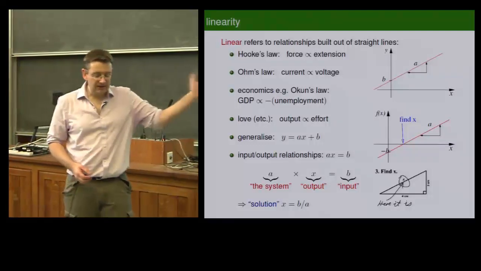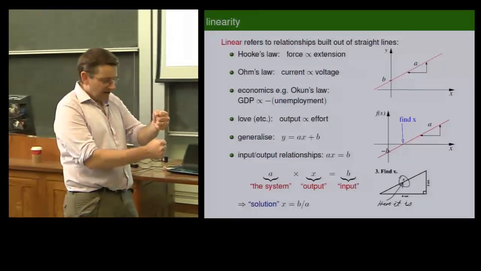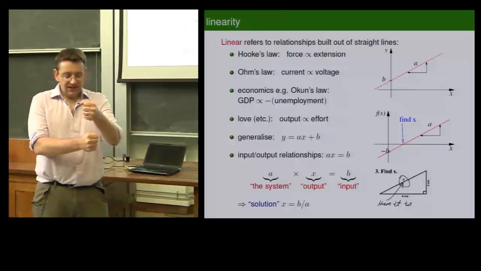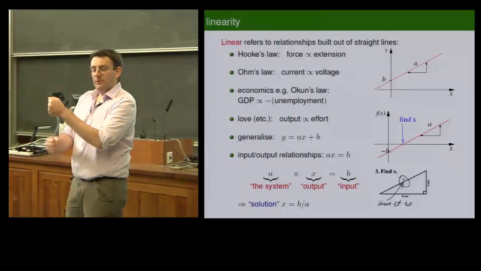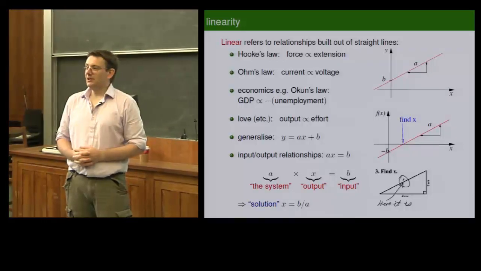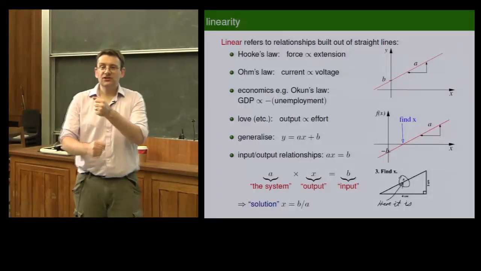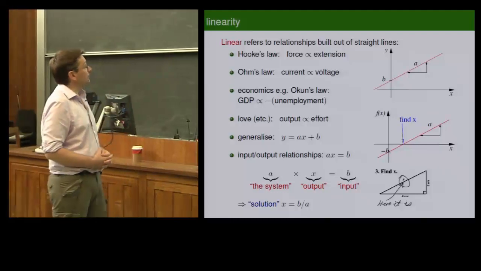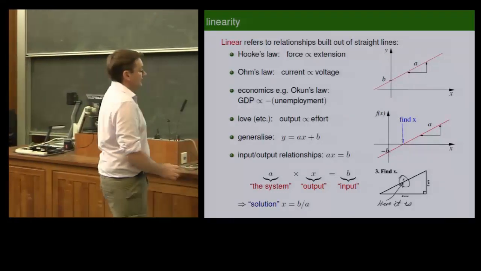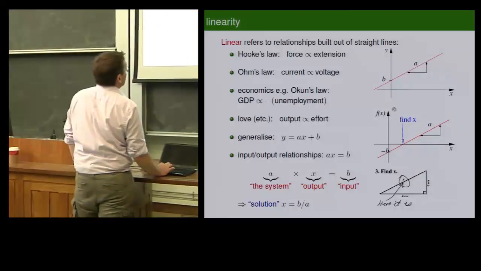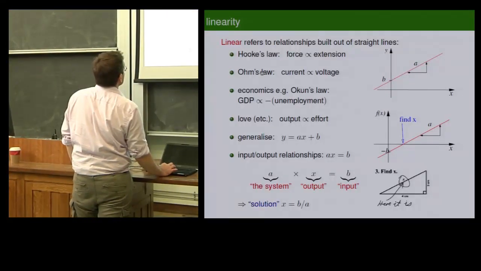Robert Hooke, great empiricist, did loads and loads of experiments. Essentially, the extension of a spring is approximately proportional to the amount of force you apply. You apply twice the force, you get twice the extension. That's Hooke's law. So force is proportional to extension. You get a straight line graph, if you like.